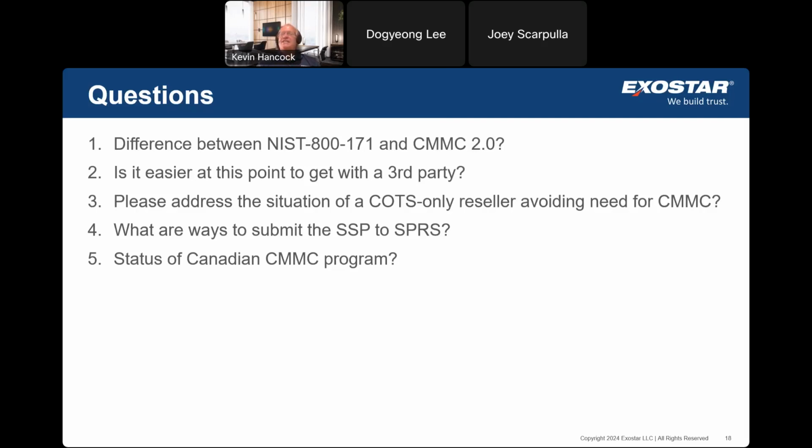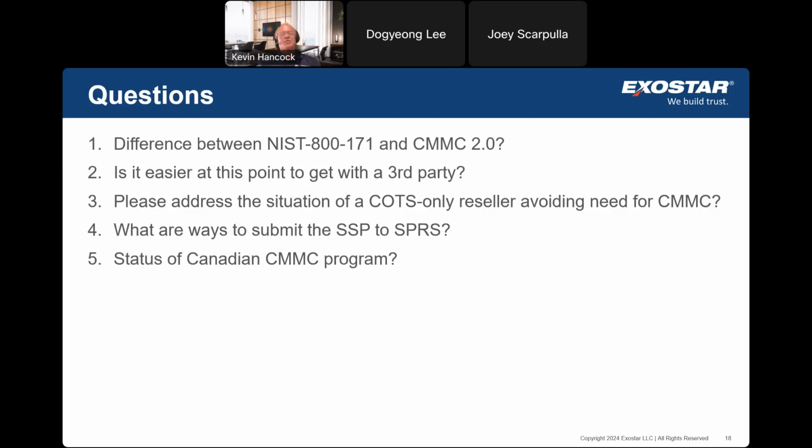Right? NIST 800-171 is from the National Institute of Standards. They're the ones who came up with the requirements for what you need to do if you receive controlled unclassified information and how you protect that. Hopefully that answered everybody's questions about that.